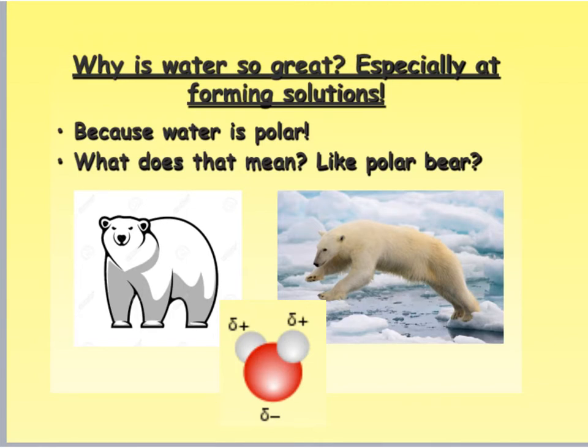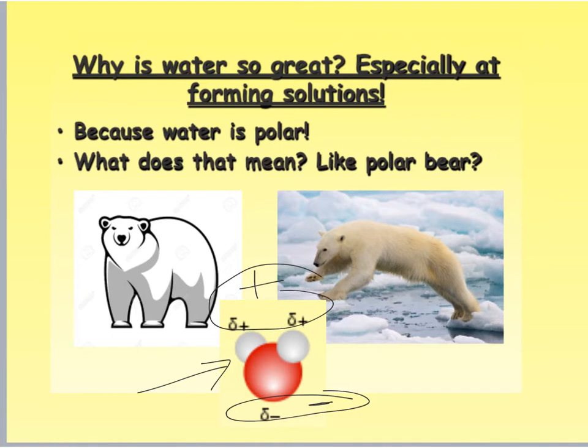It's not the only universal solvent, but it is pretty much on the top of our list. It likes forming solutions because water is polar. And that just means that here's your water molecule down here, and it has poles. It's got a positive end, and then it has a negative end. So much like the Earth with the North and South Pole, or a battery that has poles, there's a positively charged section and a negatively charged section.